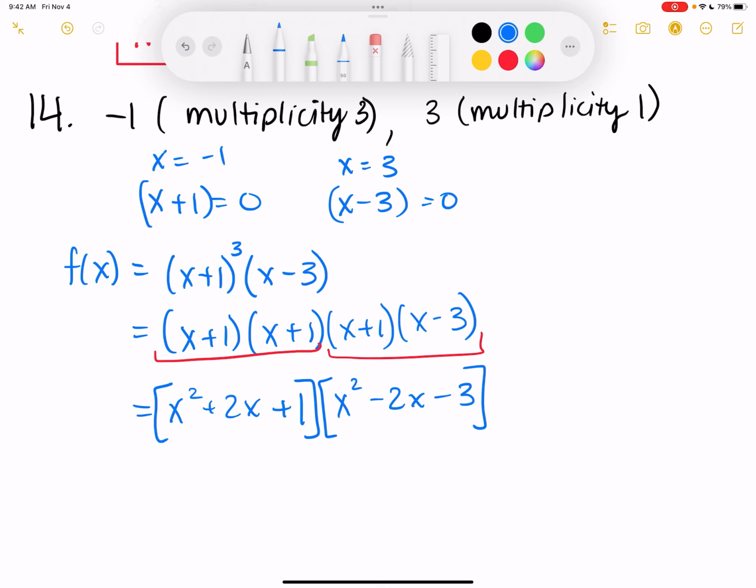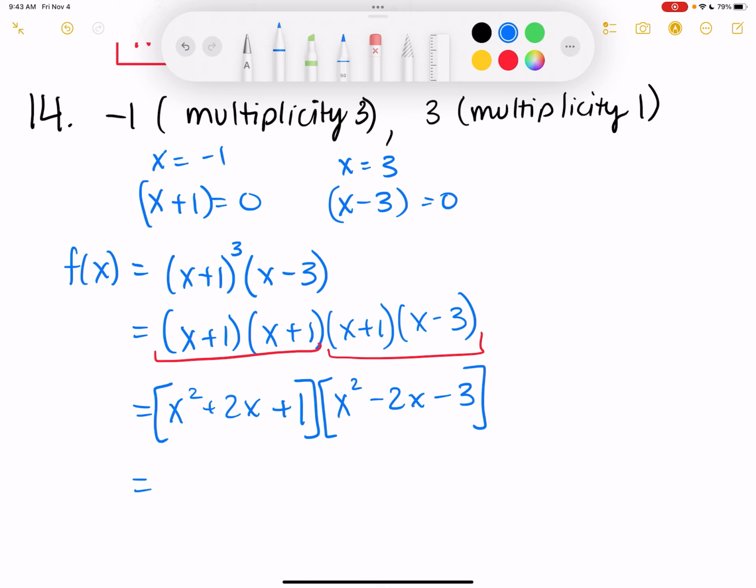Oh wait, we have to put it in brackets. I usually do if it's 3 things. And then now you just gotta multiply, like the first one times all of them, second one times all of them, third one times all of them. So what do I get when I do that? Okay.